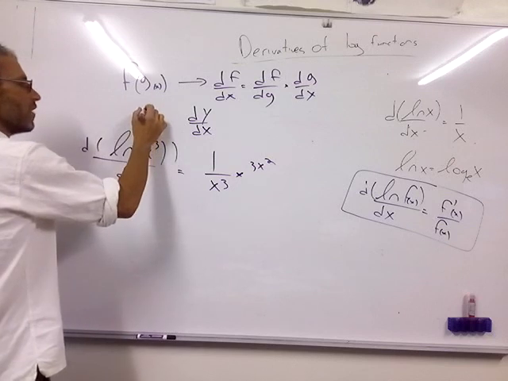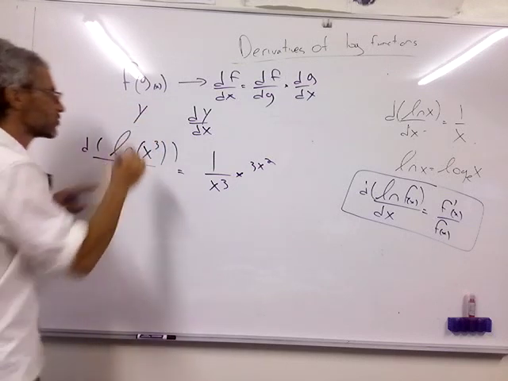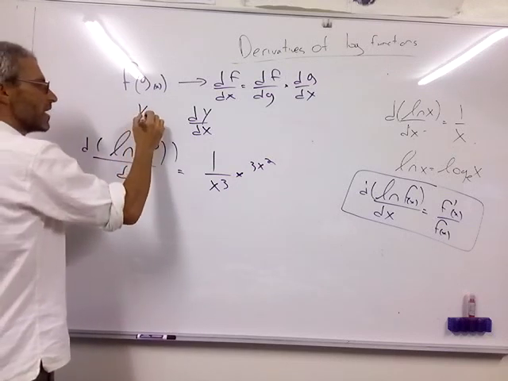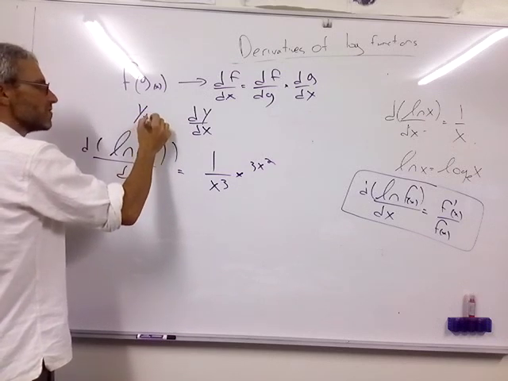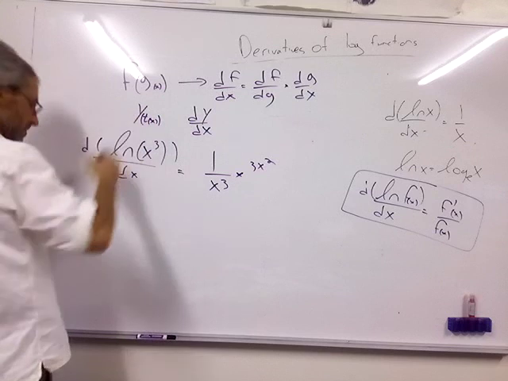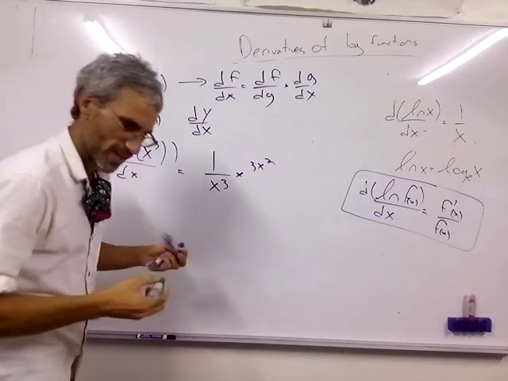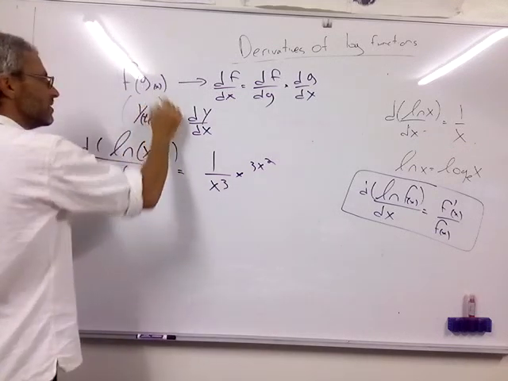Now in the formula sheet, it's written like this: dy/dx. Let's say I have a function y, which is a function of t, which is a function of x. They don't write this down, so I'll put it in brackets.